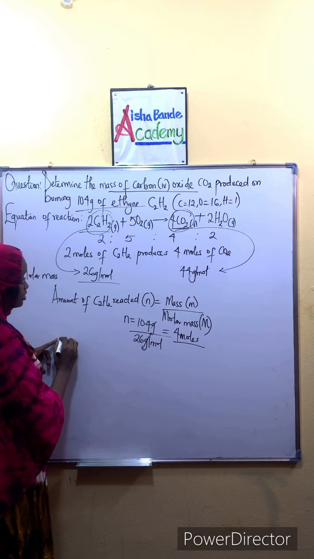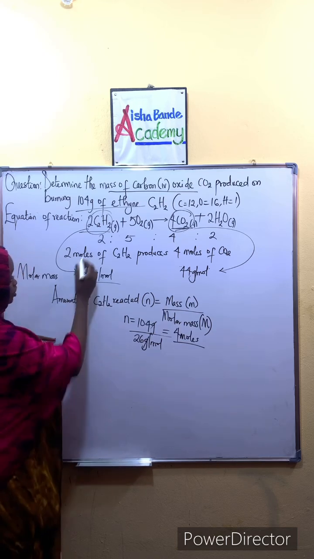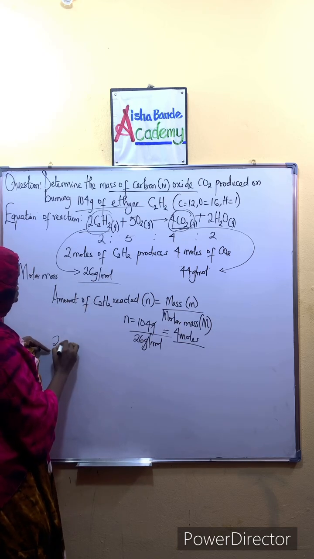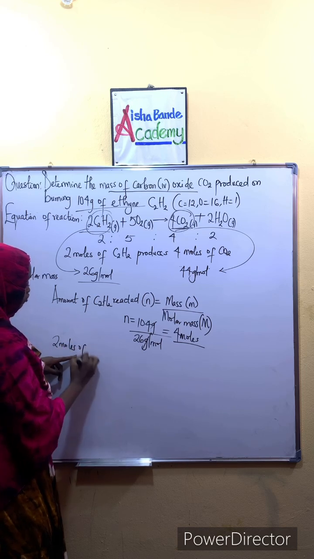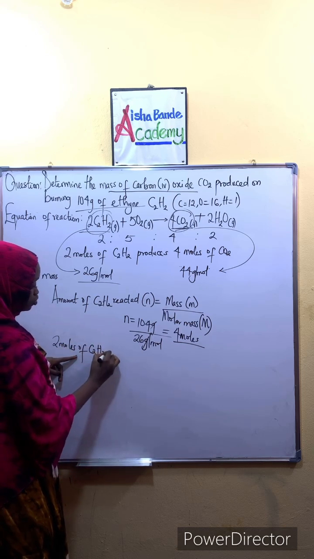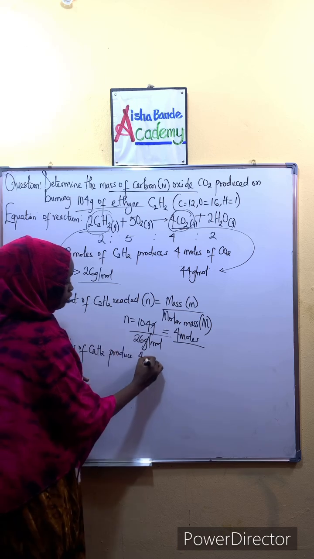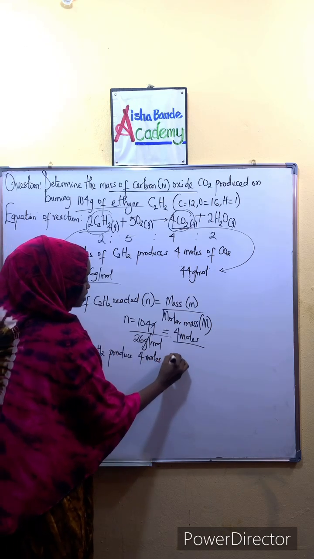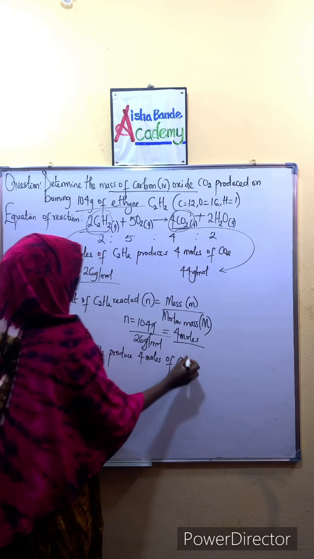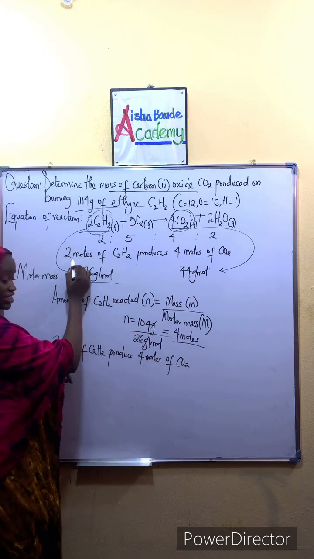Moving on, looking at the equation, we can see that 2 moles of ethyne, C2H2, produce 4 moles of CO2. This is what we have stated before.